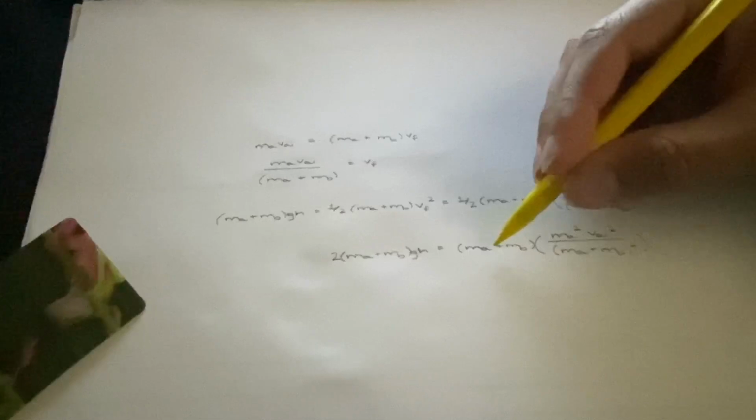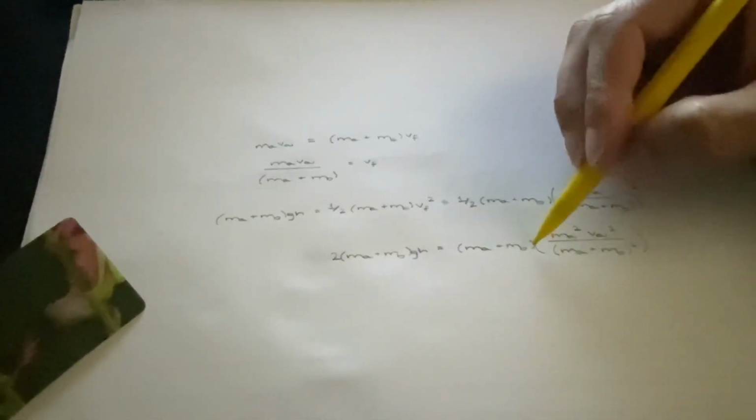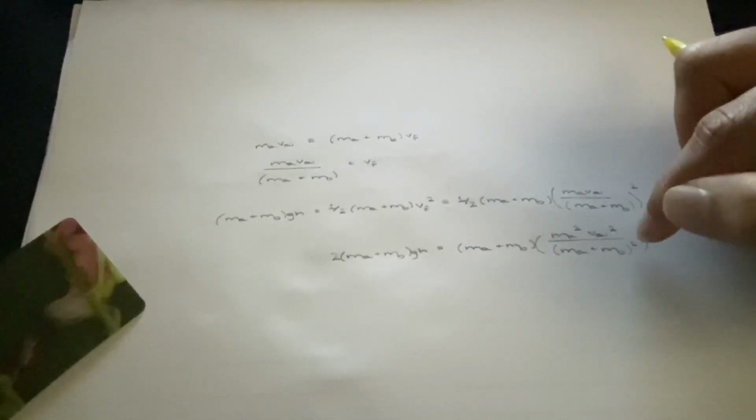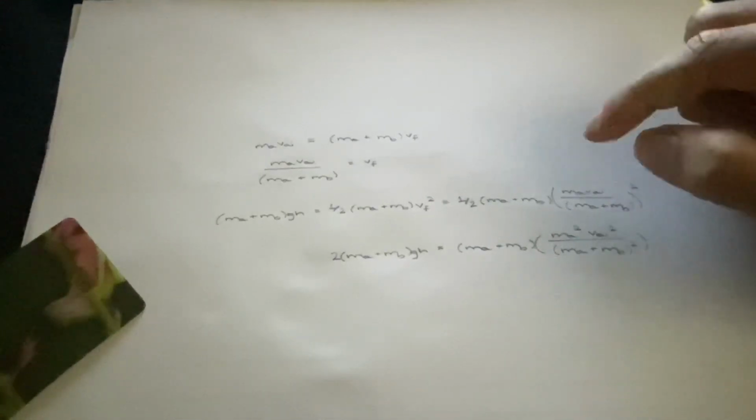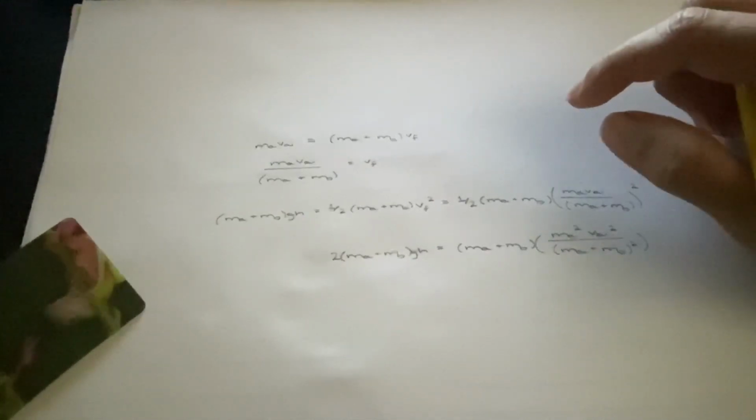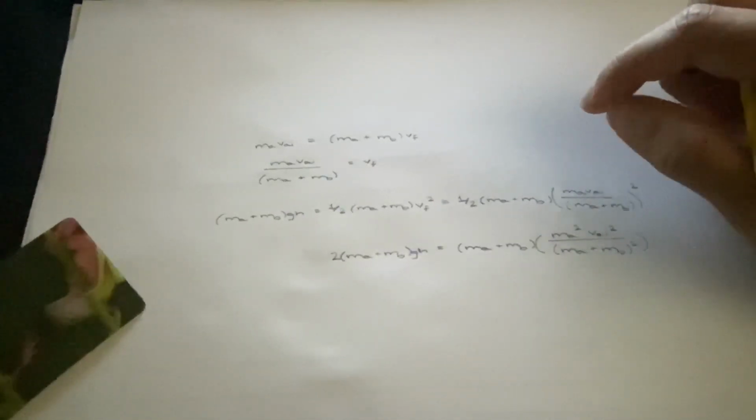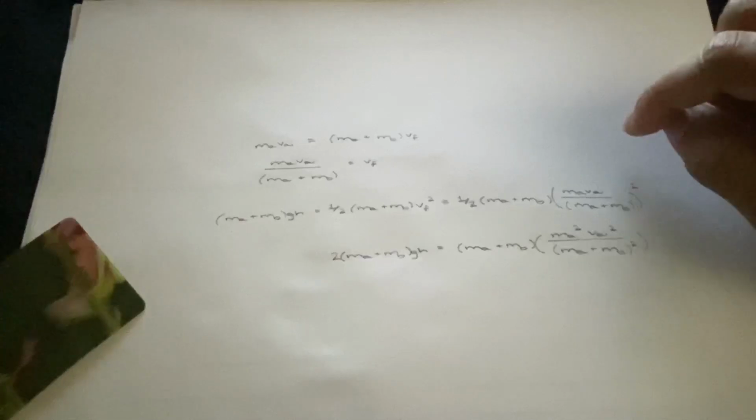Now, as you can see on the right side, the ma plus mb right here is going to cancel with the ma plus mb squared in the denominator over here. So it's going to cancel out the squared term in the denominator. So that'll look like this.